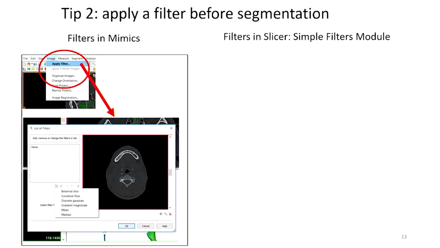And another thing, the reason why 3D Slicer is better than Mimics is that when you search the filters in Mimics, you can see that only 6 filters are included. And unfortunately, the filter I was searching for was not included in Mimics.